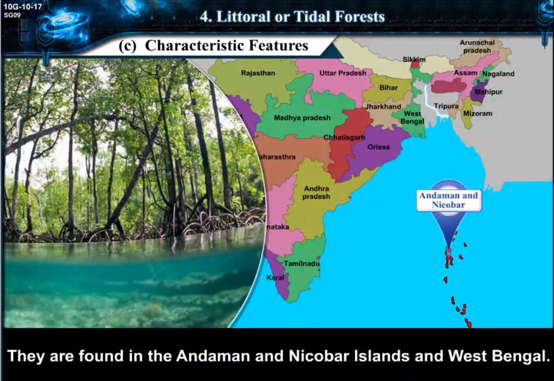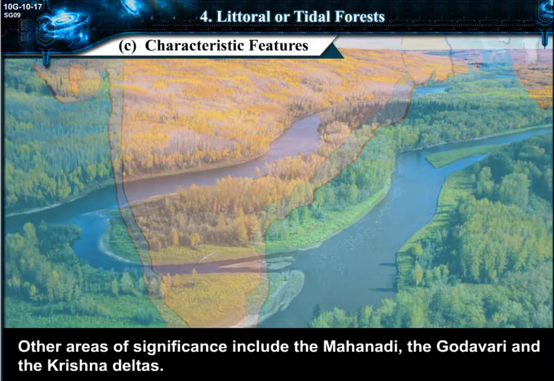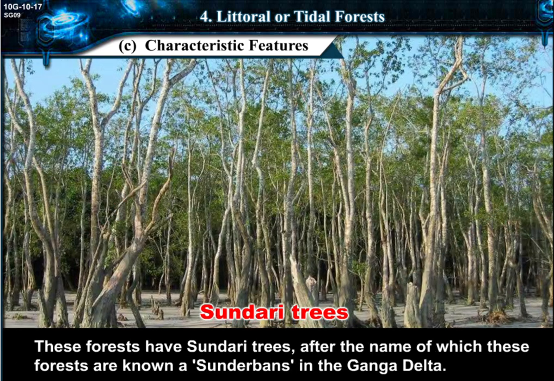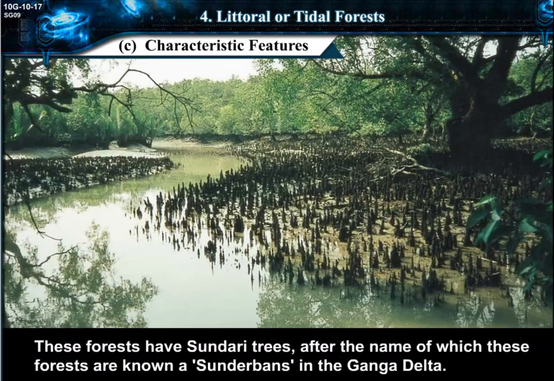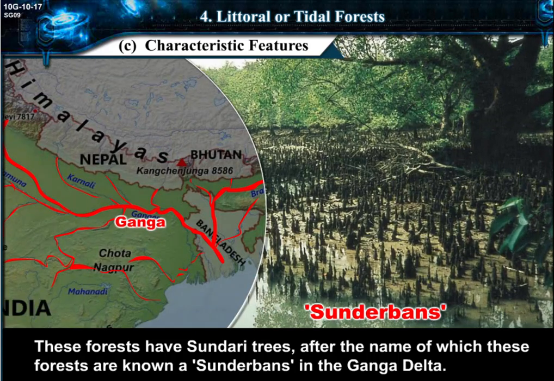They are found in the Andaman and Nicobar Islands and West Bengal. Other areas of significance include the Mahanadi, the Godavari, and the Krishna deltas. These forests have Sundari trees, after the name of which these forests are known as Sundarbans in the Ganga Delta.